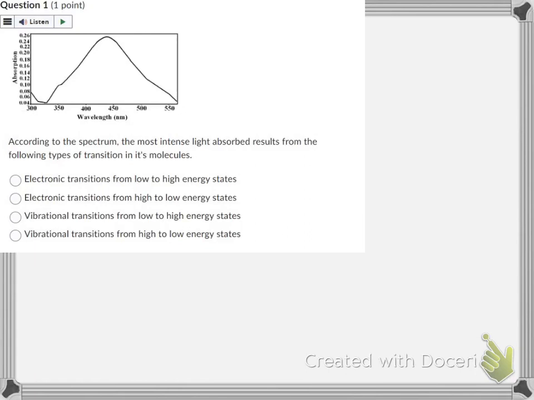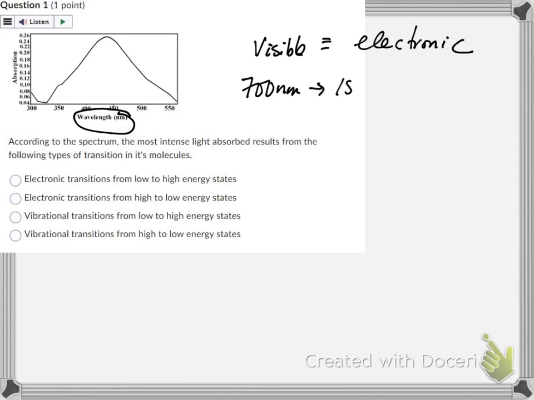All right, so in this problem, you're given a visible light spectrum, okay, absorption. So this is visible light, electronic, has to be electronic because it's visible light. Remember, visible light is between 400 and 700 nanometers, but all electronic transitions are pretty much going to be any nanometers below 700.